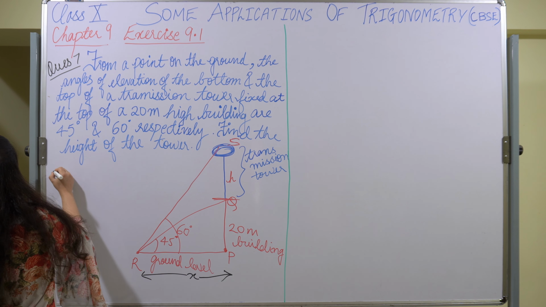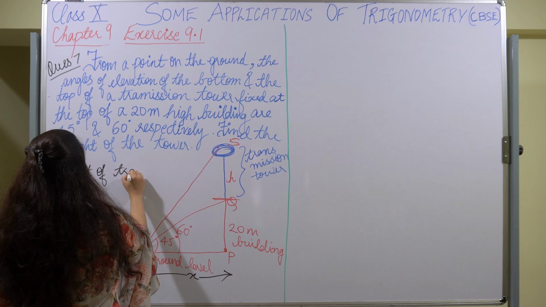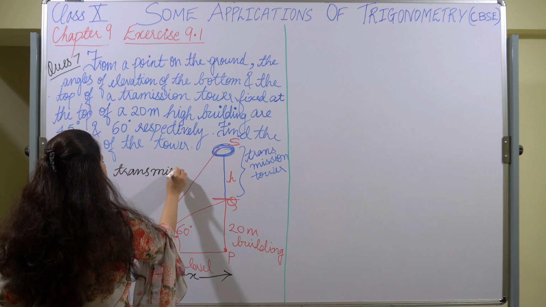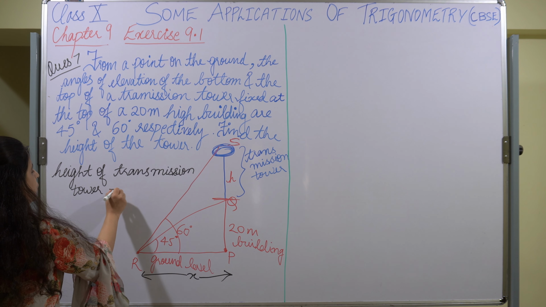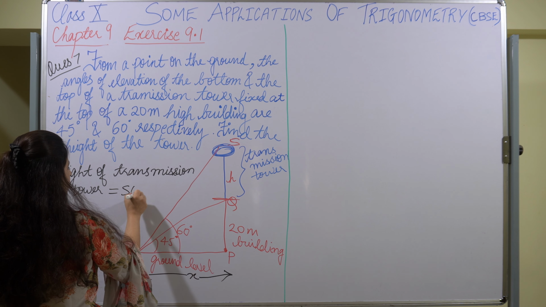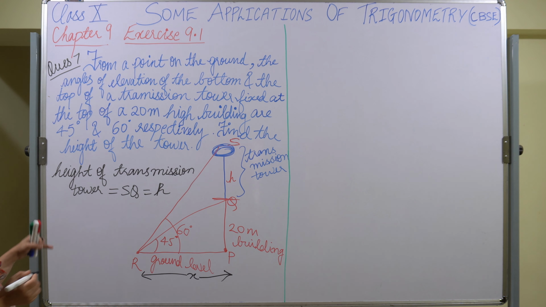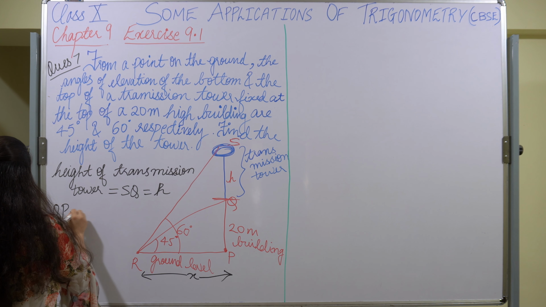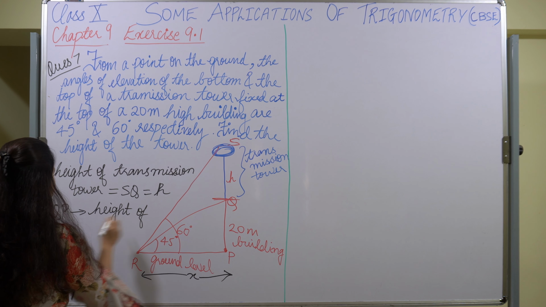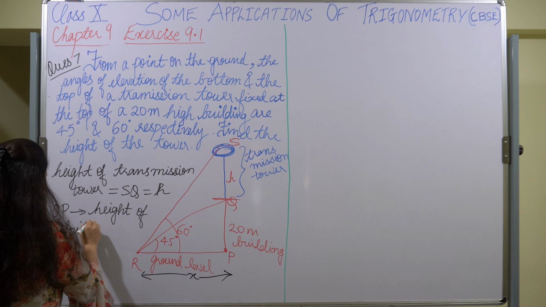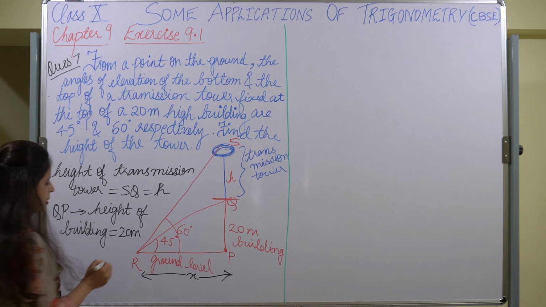So let us write: height of transmission tower is equal to SQ, which is equal to H according to my figure. QP is the height of the building given to us, that is 20 meters.